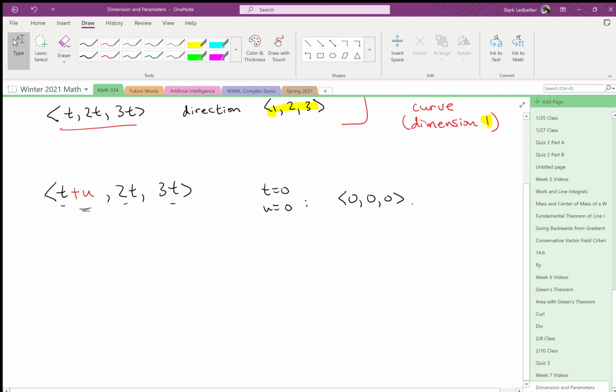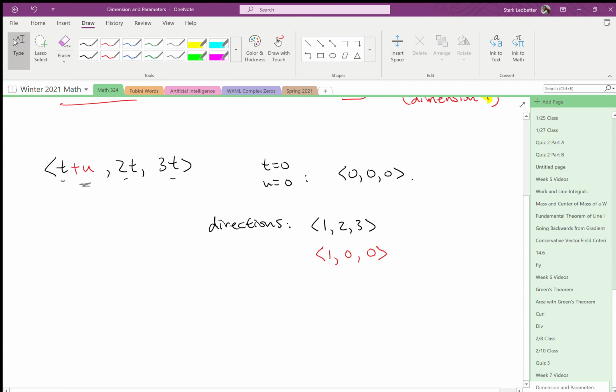So I can also walk in the direction... So now I have two directions. I can still walk in the direction 1, 2, 3, but now I can also walk in the direction 1, 0, 0, and that's due to the u. And I can walk in some combination of the two directions as well.